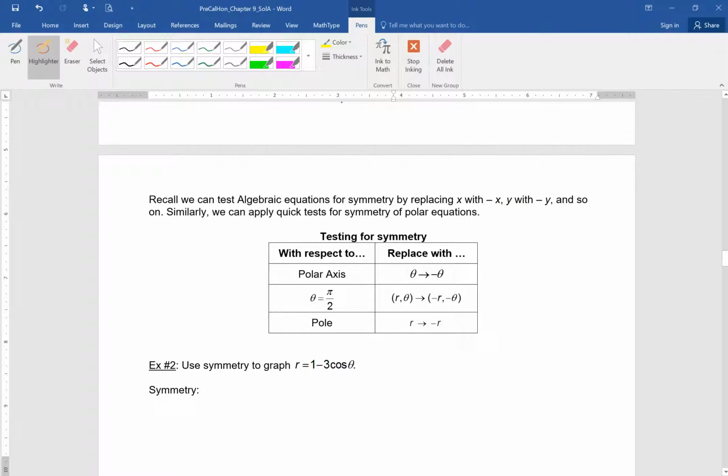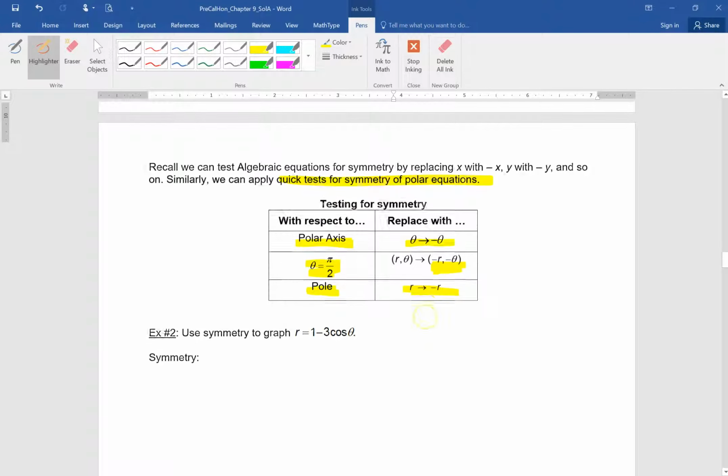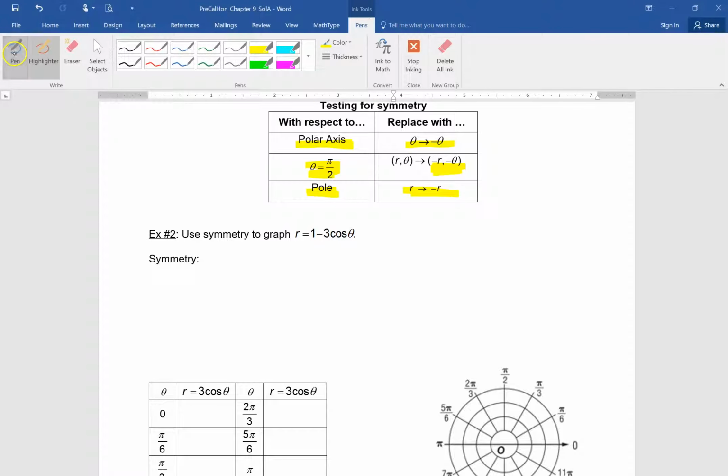So what type of function would give you that symmetry where switching from theta to negative theta didn't matter? The cosine, right. If you want to test around theta equals pi over 2, you make r and theta negative r, negative theta. And for the pole, you change r to negative r. Okay? All right. So here it says use symmetry to graph 1 minus 3 cosine theta.